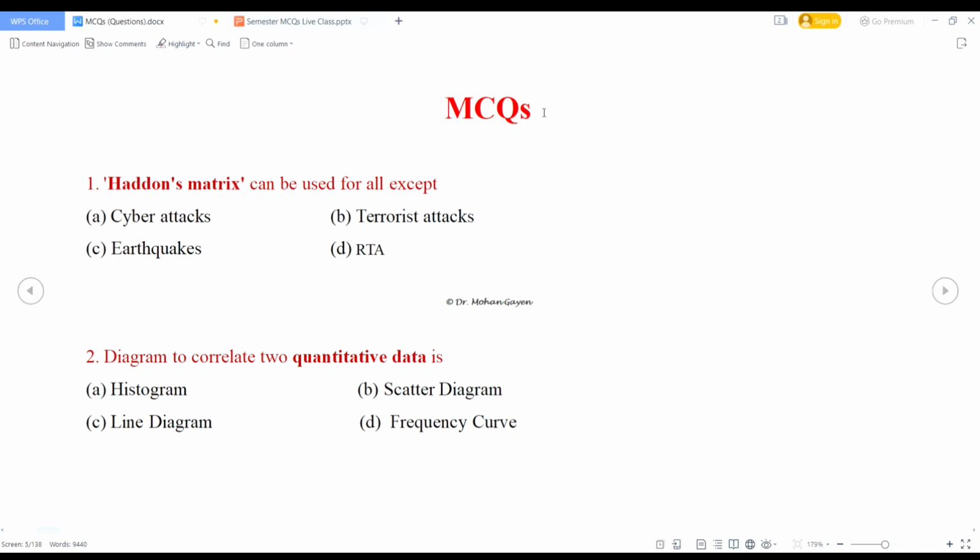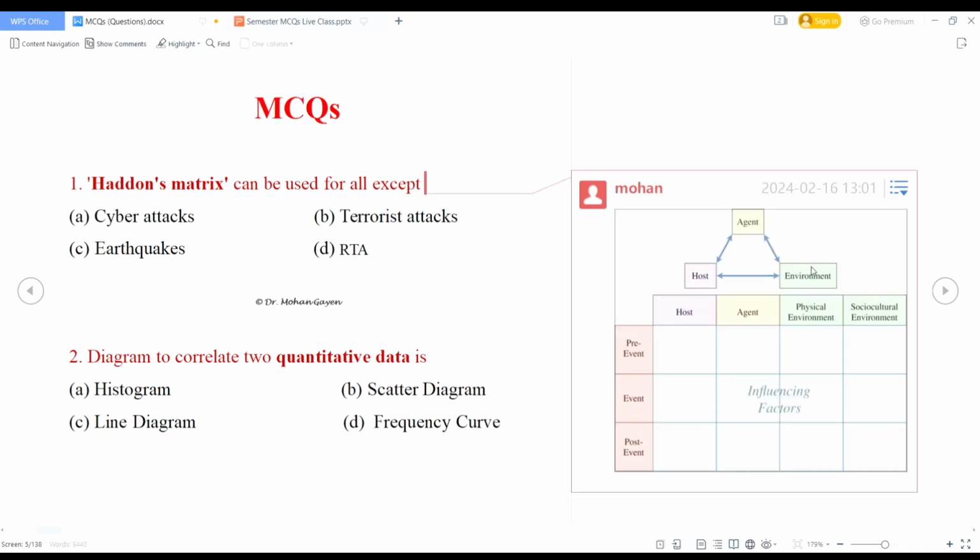I will show you a picture. This is the picture of Haddon's matrix. Haddon's matrix is a brainstorming tool that combines the epidemiological triad: agent, host and environment, and levels of prevention. It was developed by William Haddon in 1970.